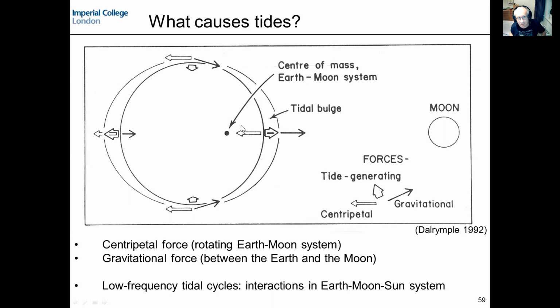We then go through a half rotation, and the same position on the Earth's surface passes through the second tidal bulge, then another quarter rotation and we're back to where we started. So basically it's a combination of the Earth's rotation and the gravitational and centripetal forces acting together, which give us the variation in water depth due to tides.